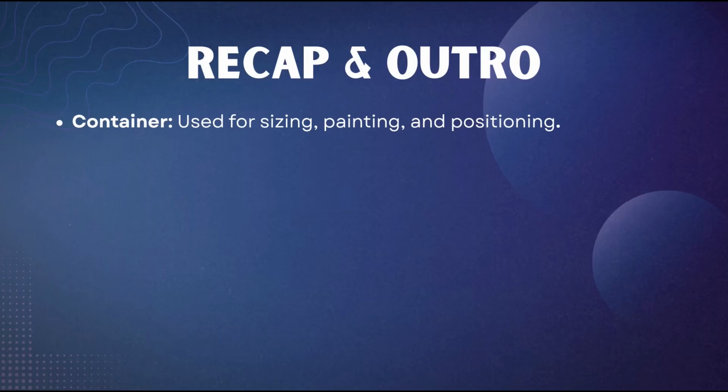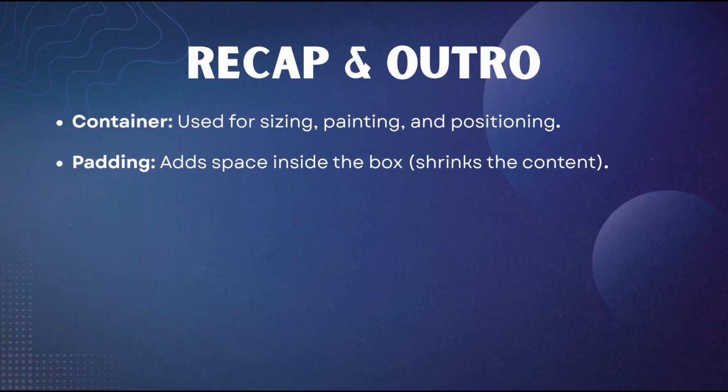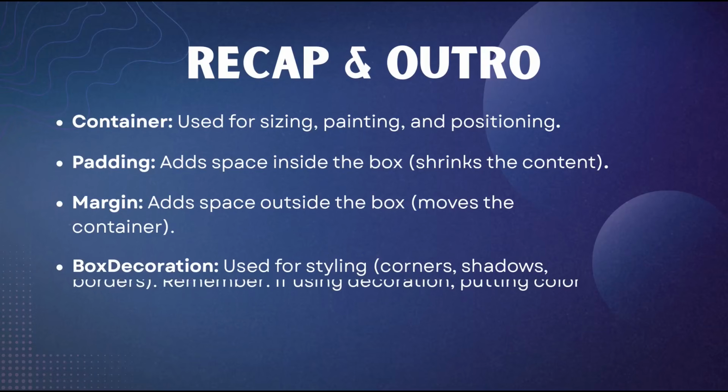Container is used for sizing, painting, and positioning of elements throughout your screen. Padding basically adds space inside the box, which in turn shrinks your content and moves it away from your border. Margin adds space outside the box, it physically moves the container itself, and it adds space in between different containers.